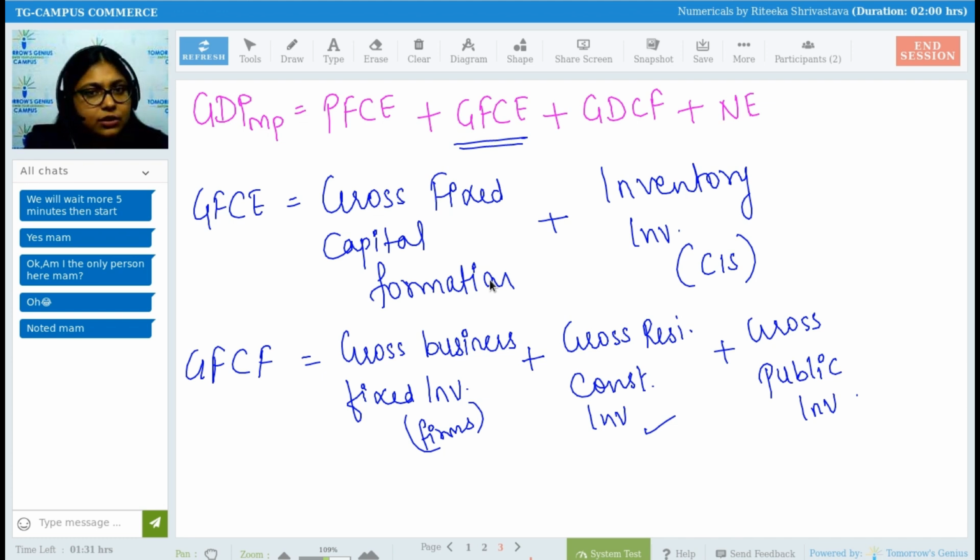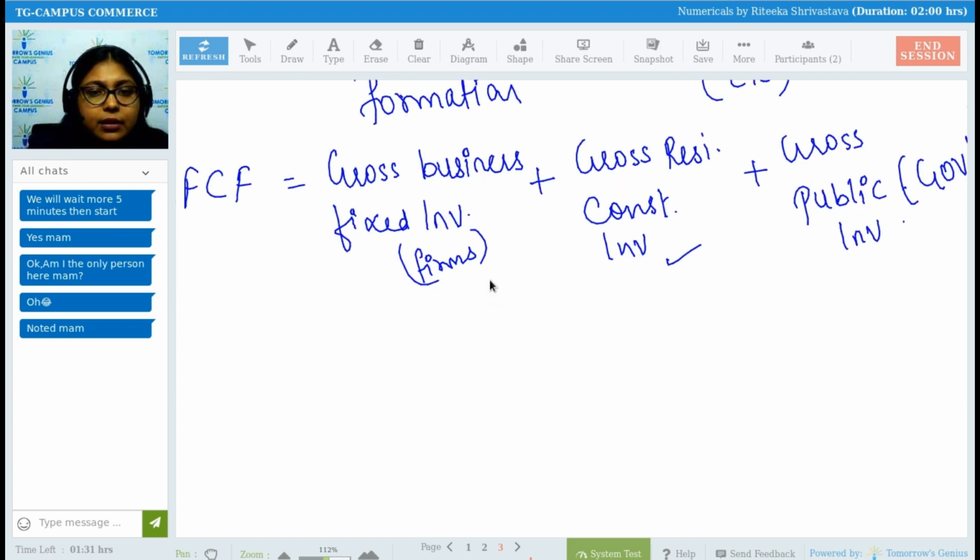And gross public investment means all the investment made by the government for forming capital. Fine. Now inventory investment is nothing but change in stock. The formula for change in stock we know: closing stock minus opening stock.